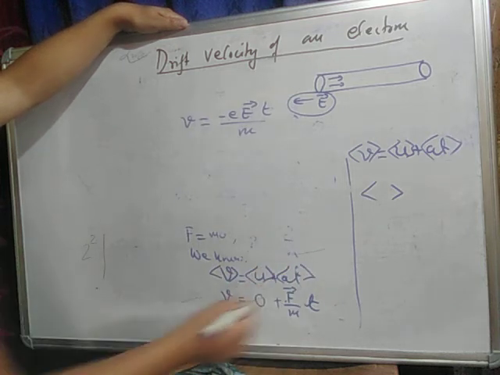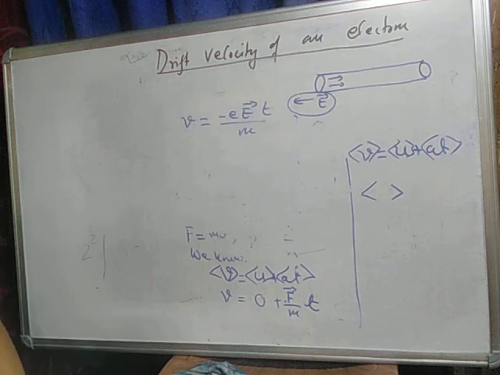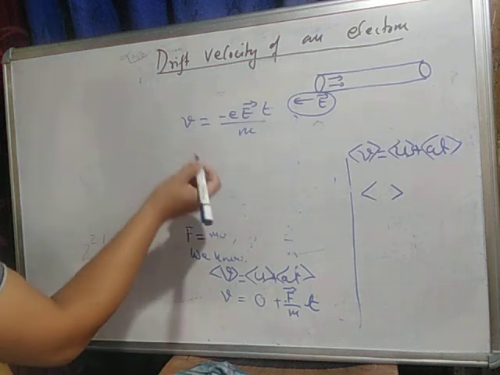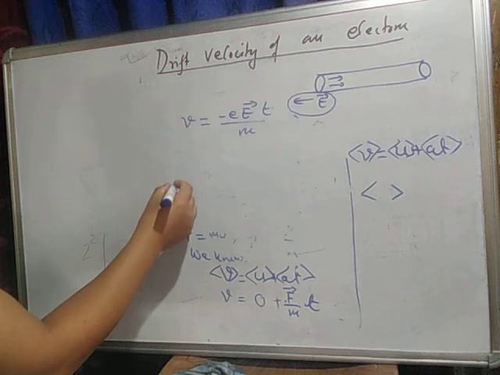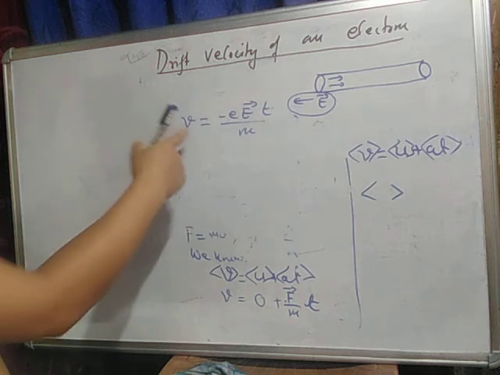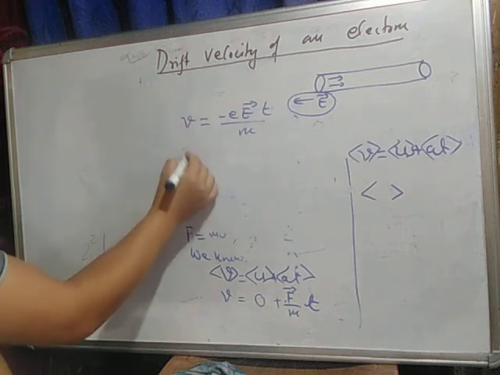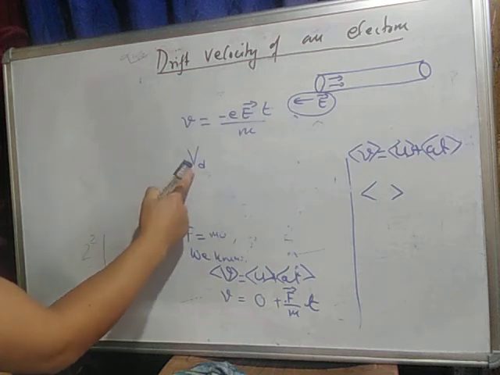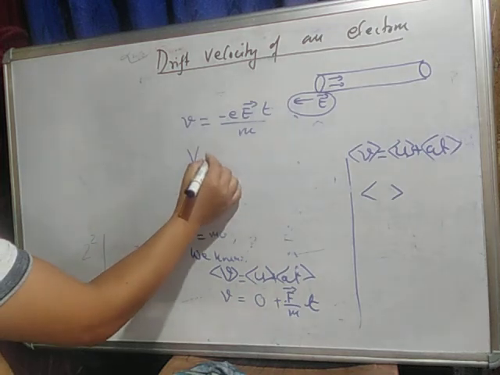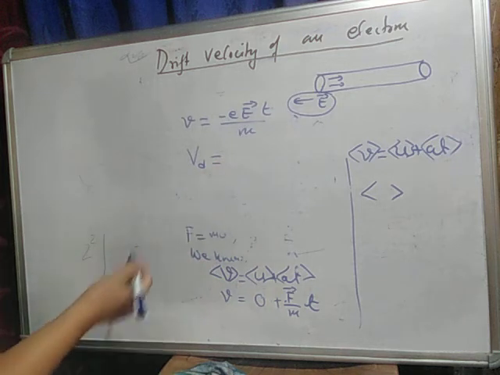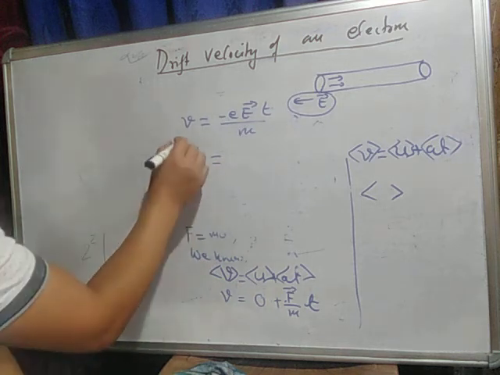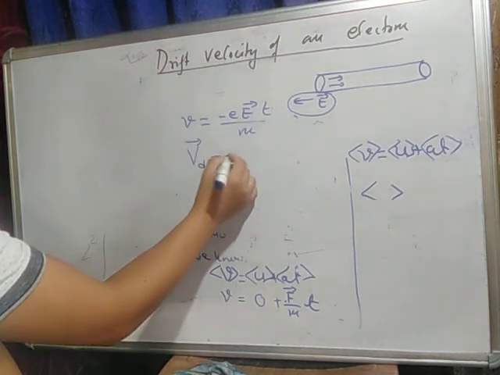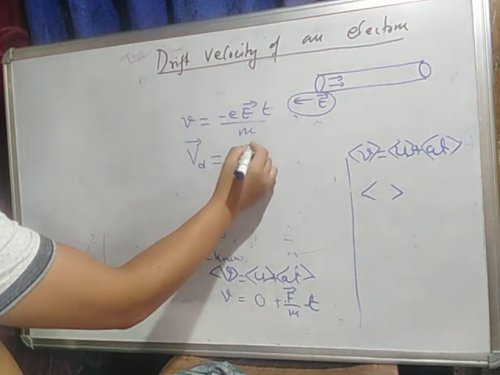Why? Because drift velocity is your average velocity. So now comes this one, isn't it? So this is written as Vd. Simply this is written as Vd. Why? Because this is drift velocity. So velocity is your vector quantity, equals to minus eE.